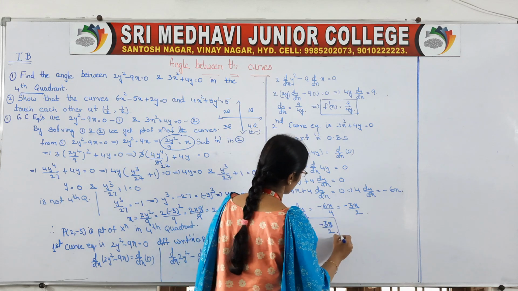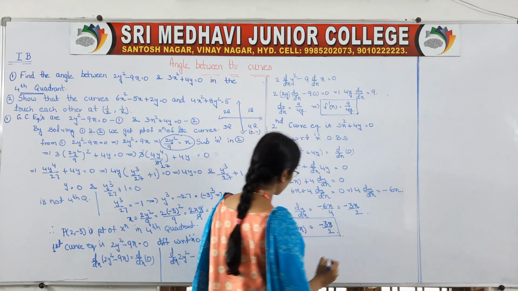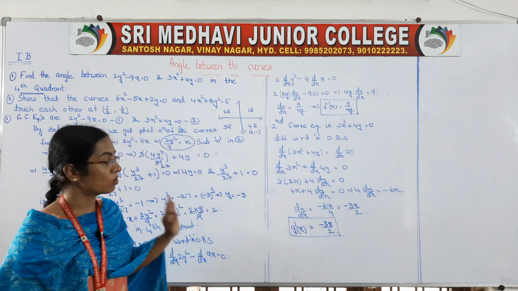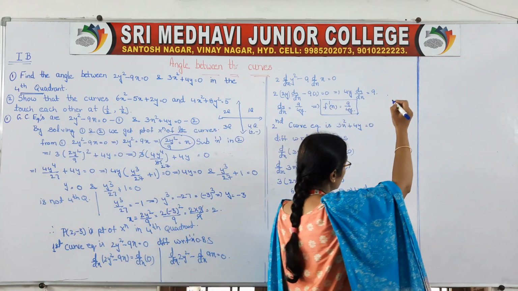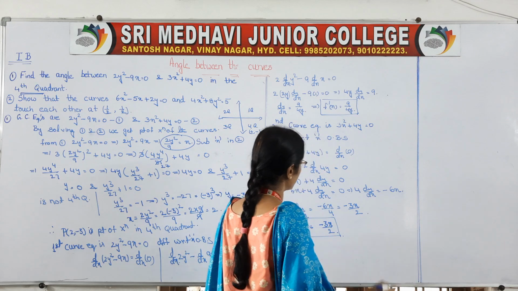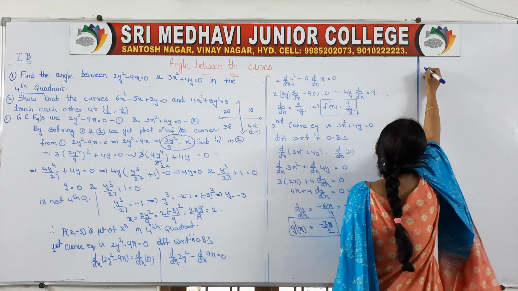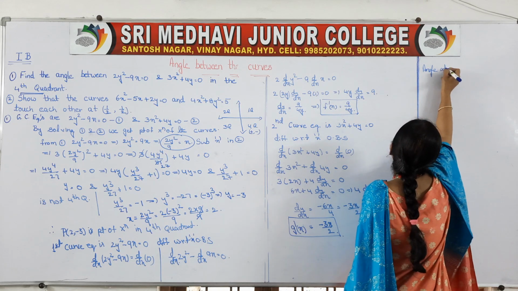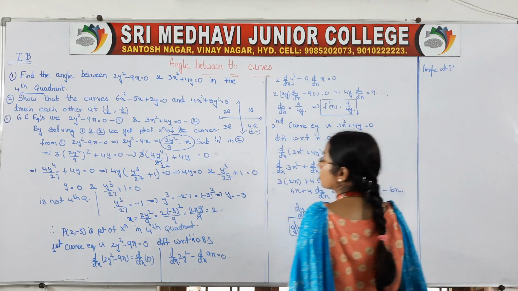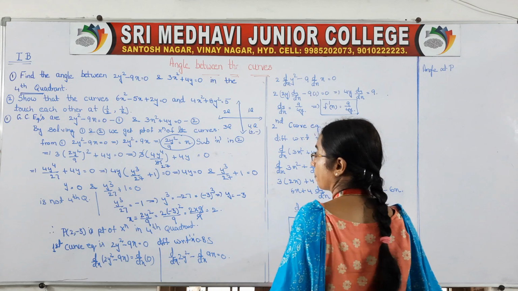Once you got your g dash x and f dash x, you find your angle between the curves. How will we find the angle between the curves at the point P? So we have to find the angle at the point P. What is your point P?